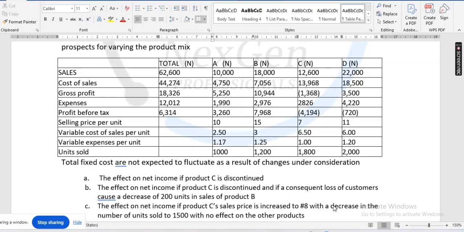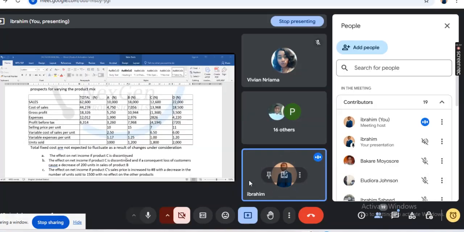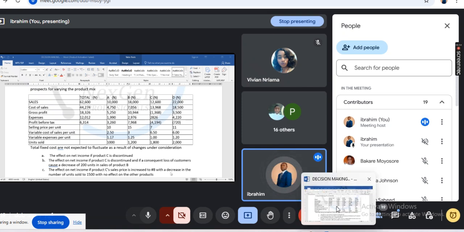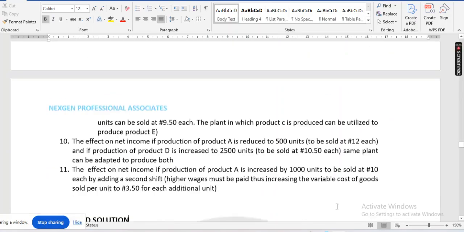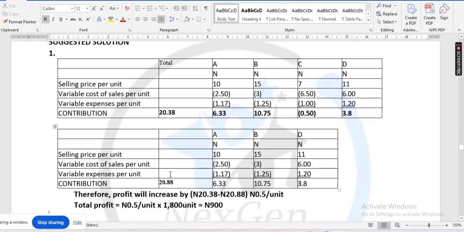In the first question, it says, what will be the effect on net income if product C is discontinued? Which means that you don't want product C, and I say use contribution. The contribution before discontinued operation is 20.38. After we discontinue product C, the contribution is this.